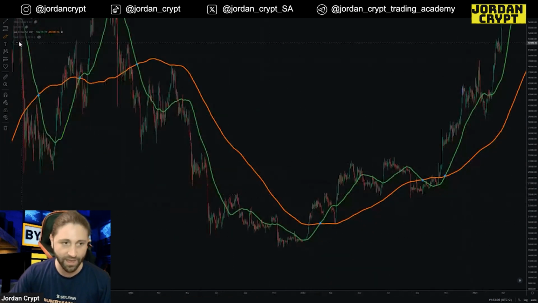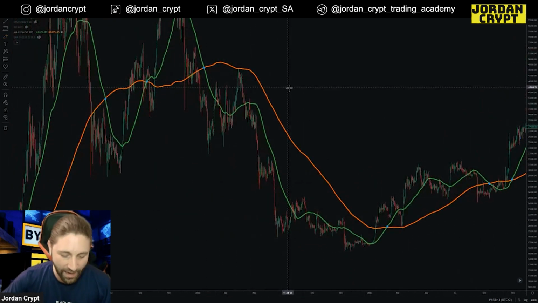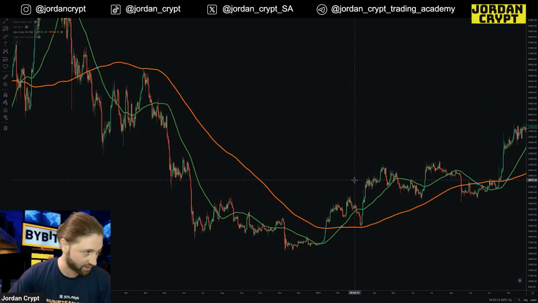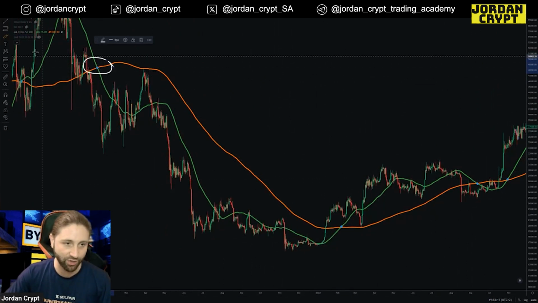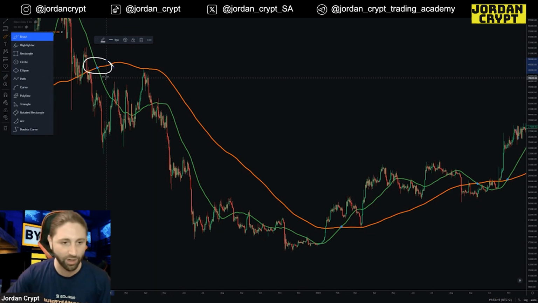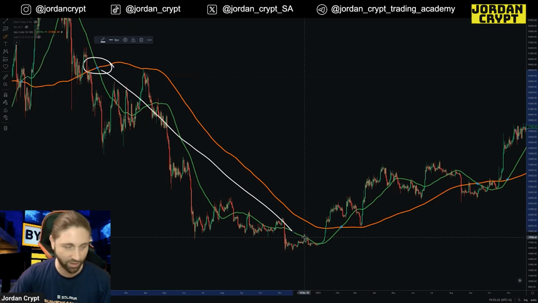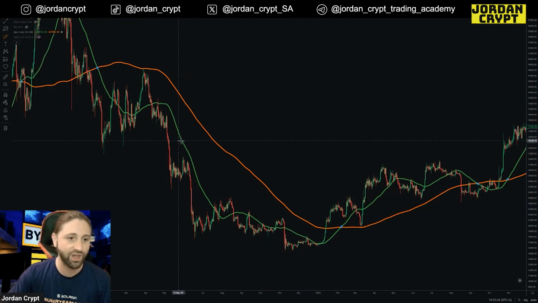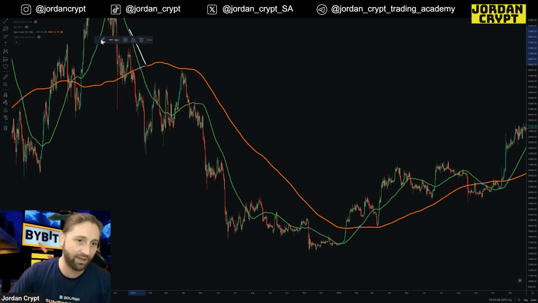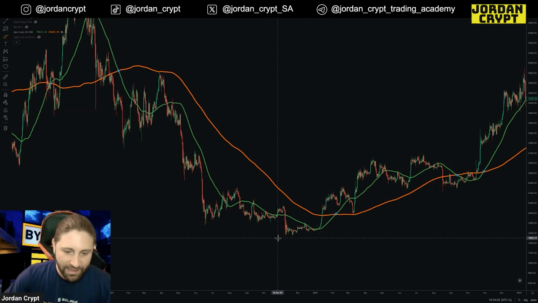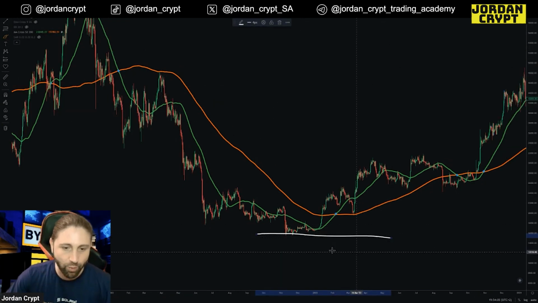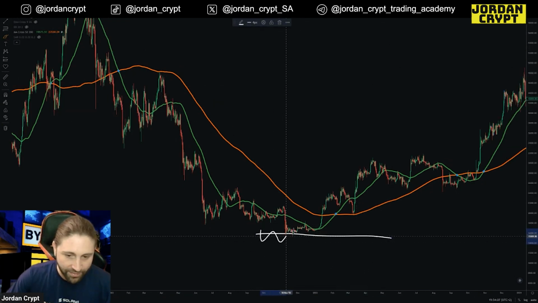Then of course, we also have our crossovers, and this is where it gets extremely interesting. We spoke about our death cross, throwing our whole market cycle into a bear market. This is your faster moving average, crossing over your slower moving average. So right here, of course, we would have actually wanted to enter from the support.